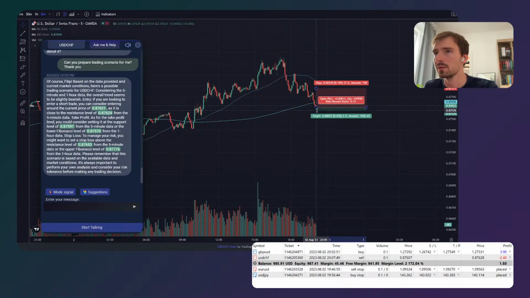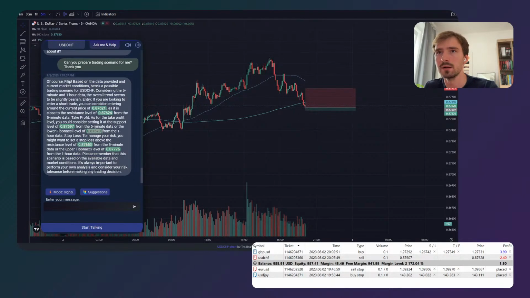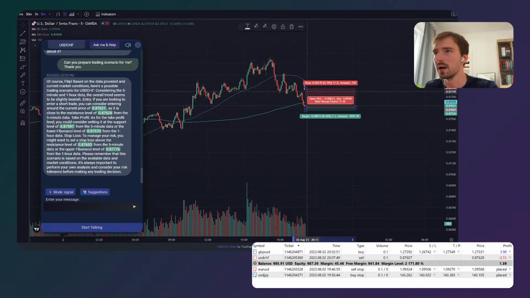Okay. So we are working in dangerous zones here. Okay. Let me go with something close to this. That's really a comfortable trade here. 87653. 653.